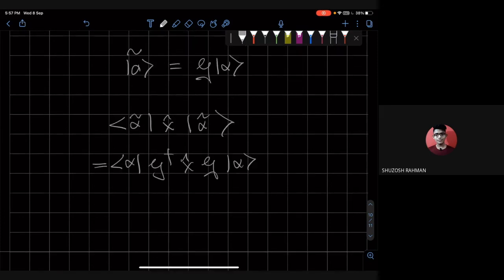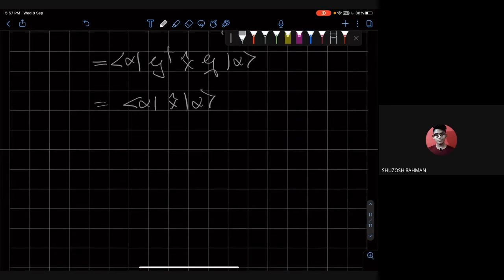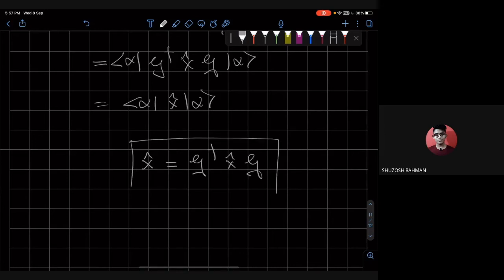If this is going to be equal to alpha x alpha, and alpha is arbitrary, then we have to have x equal to G dagger x hat G, okay? So we want to find out what G is. This is one property that G has to satisfy.